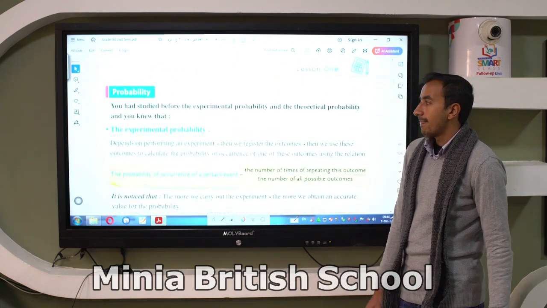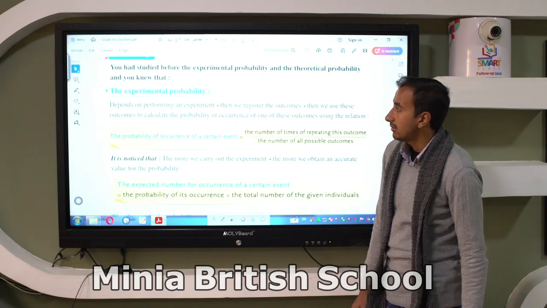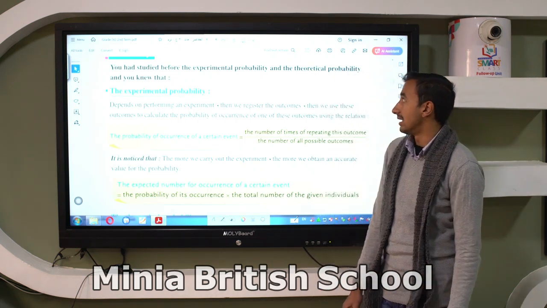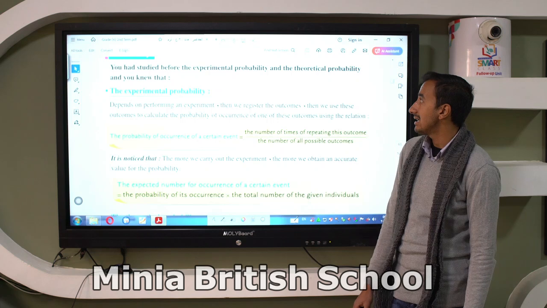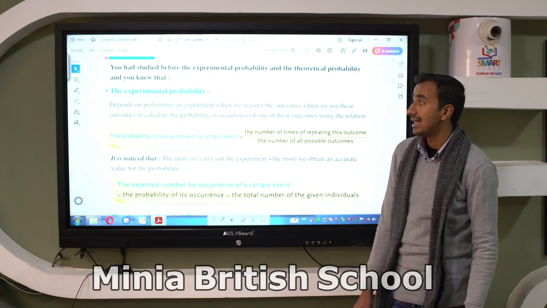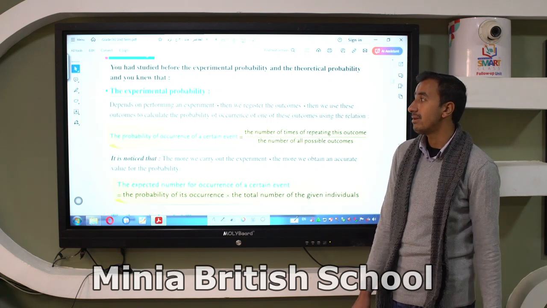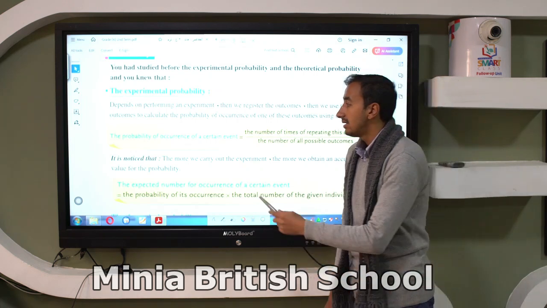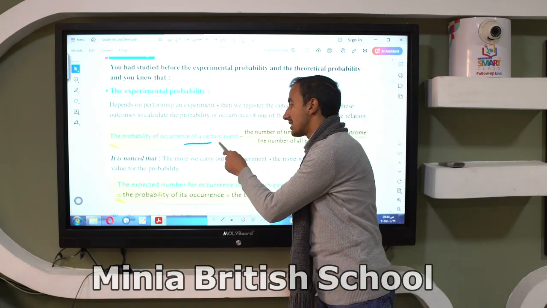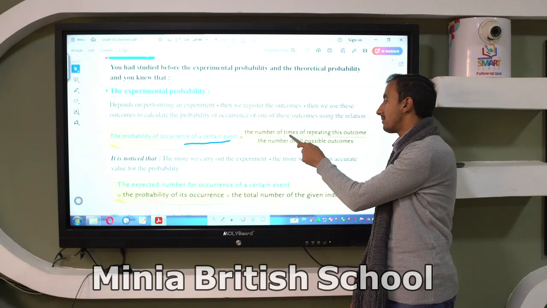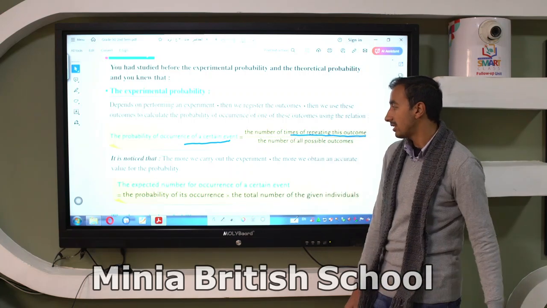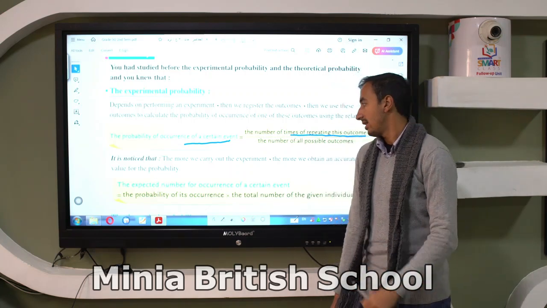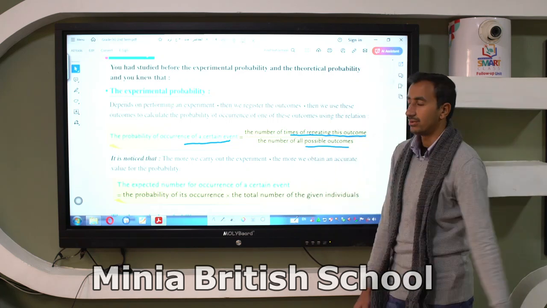Here we studied before experimental probability and theoretical probability. The experimental probability, the probability of occurrence of a certain event, is the number of times this outcome is repeated over the number of all possible outcomes.